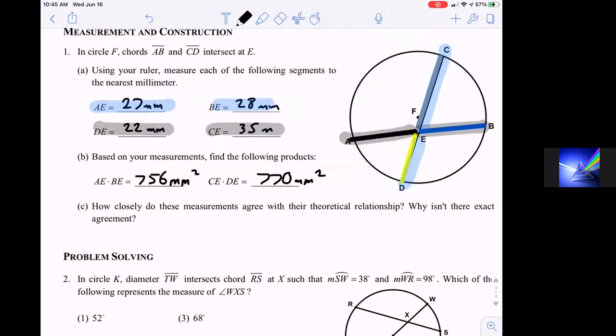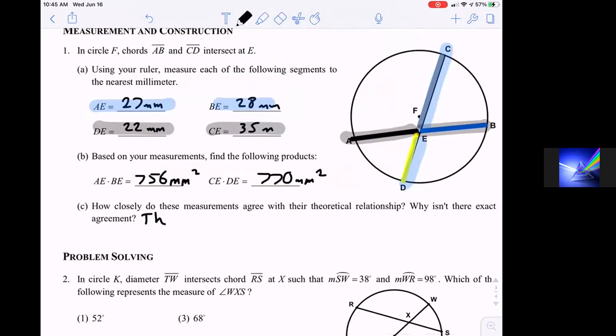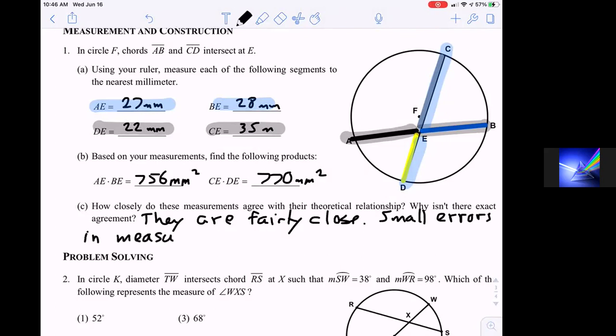Well, they're pretty close. So we can say that they are fairly close. Any small errors in measurement would account for the difference.